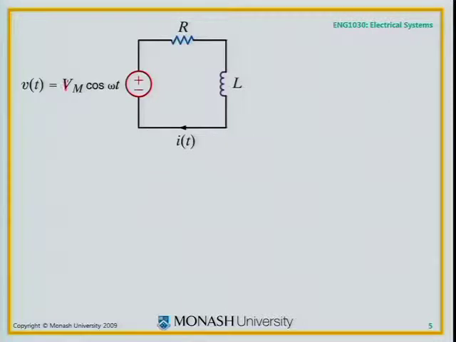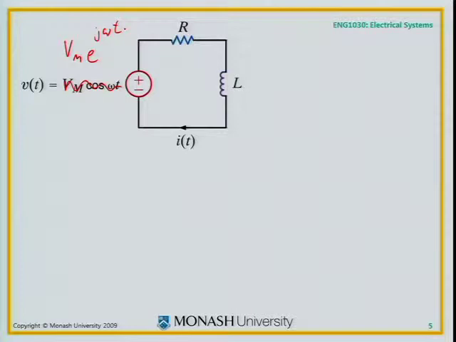Like last time, it's Vm e to the j omega t. And hopefully you do know that if I take the real part of that, I get my actual input, Vm cos omega t, by Euler's formula.